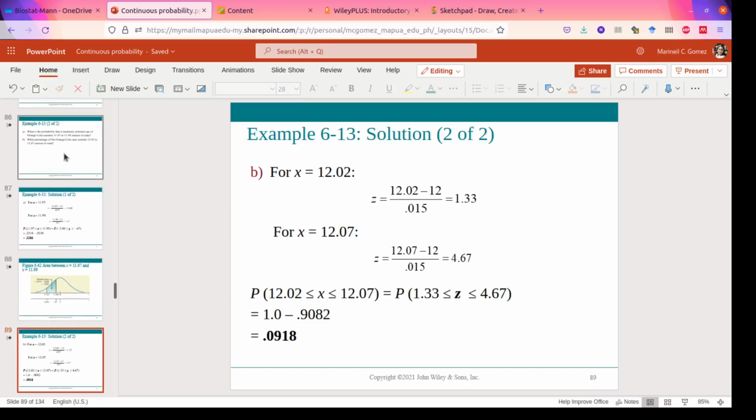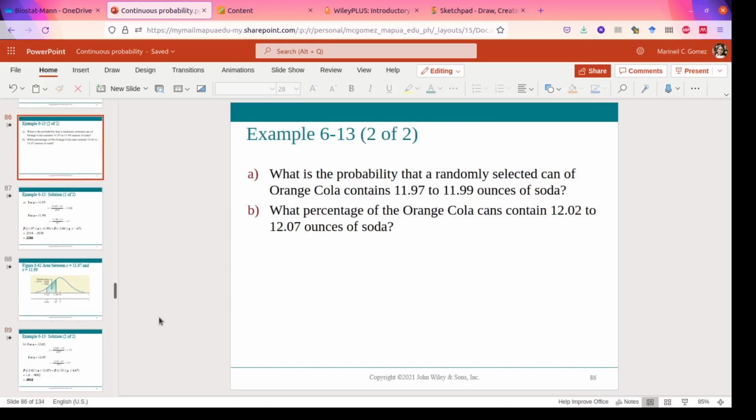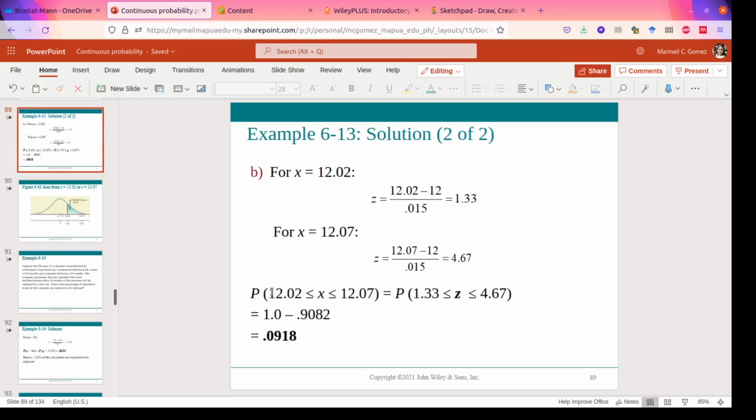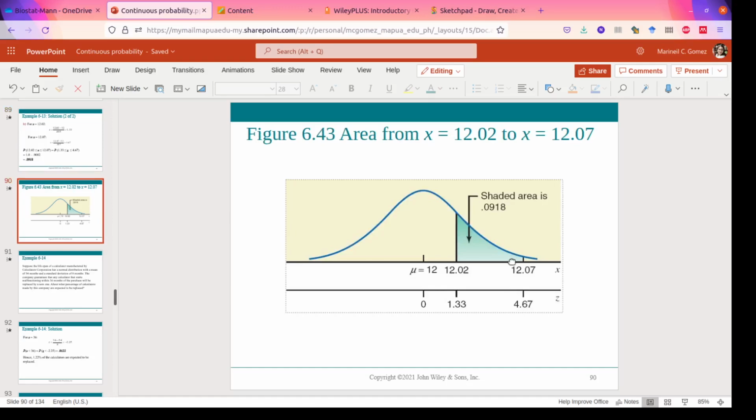But the actual question is, what's the percentage of the cola? Since the probability here is the relative frequency, that means if you have 100 sodas, 9.18% of the time you will get a soda that's between 12.02 and 12.07 ounces. If it's a frequency distribution, 9.18% of the sodas manufactured are between these values.